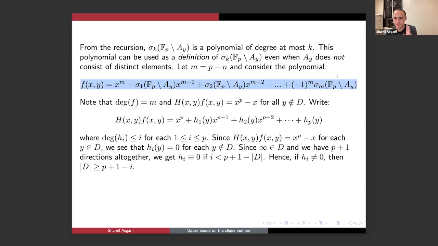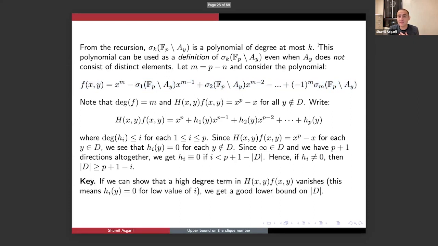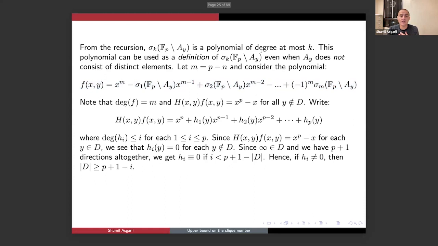What is this new polynomial? Well, it's got degree x to the m, so you see x shows up here. But where does the y show up? It's a polynomial of x and y. Well, y shows up in these coefficients, sigma 1, sigma 2. There's an implicit dependence on y here because we defined sigma k of F_p minus A as a polynomial function of y.